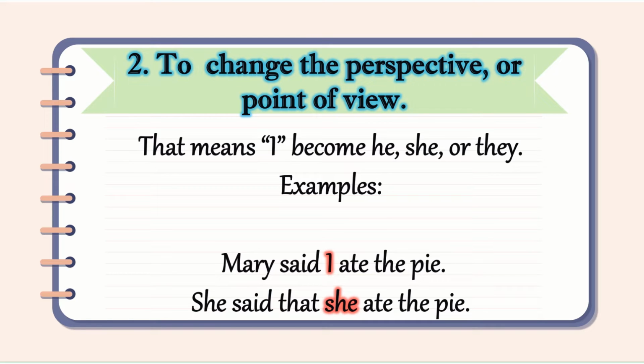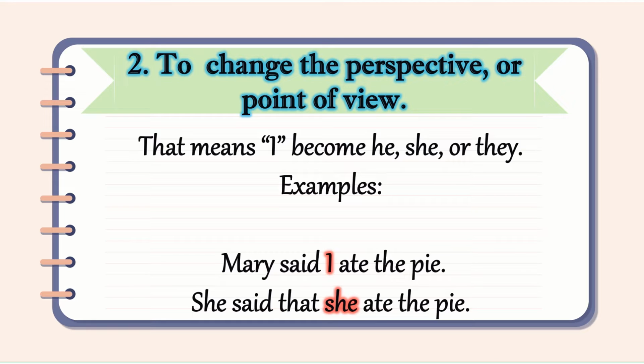So you are changing the subject, in this case I, for she. We don't need to change the tense here, though we do need to change the person from I to she. For example, we also may need to change words like my and your.